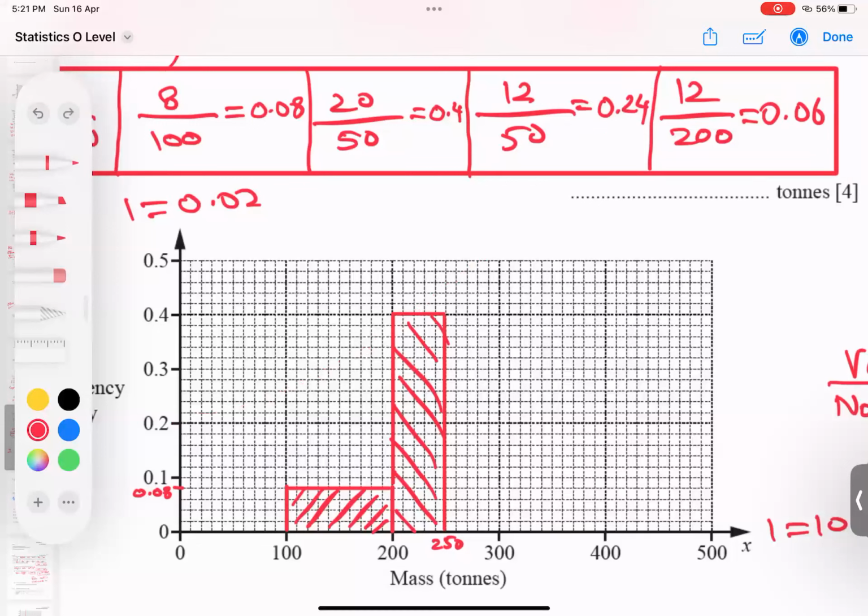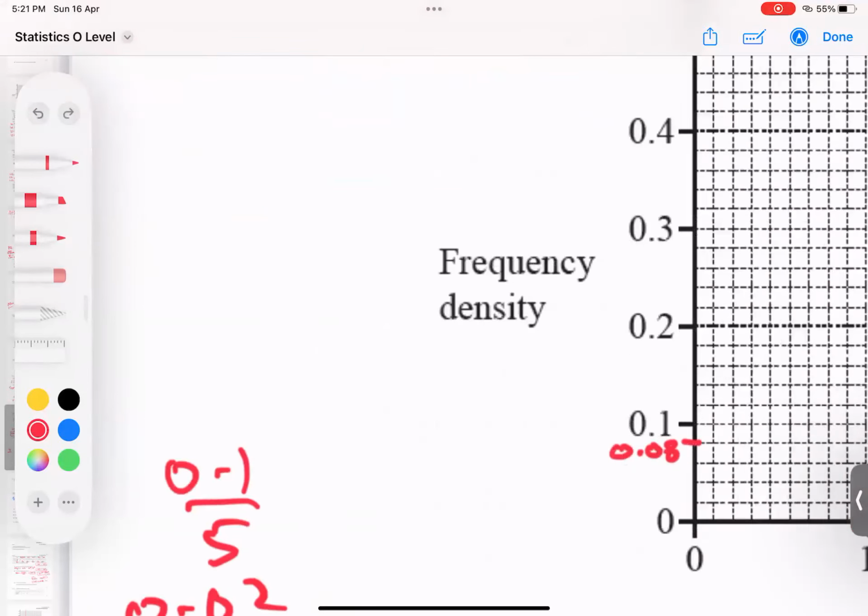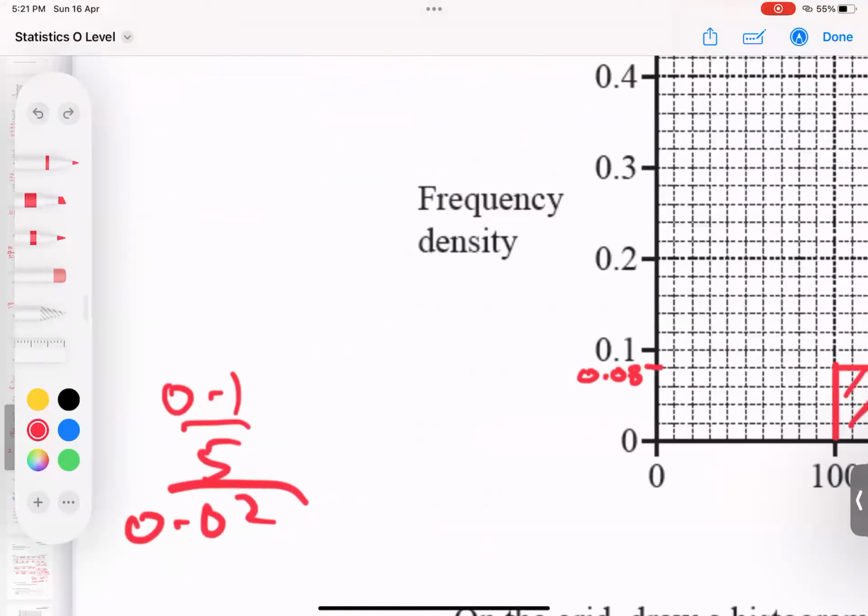This is 0.2, and one box is 0.02. So can I say this is 0.20? Yes. What about this? 0.22. And this? 0.24. So 0.20, 0.22 or 0.24.